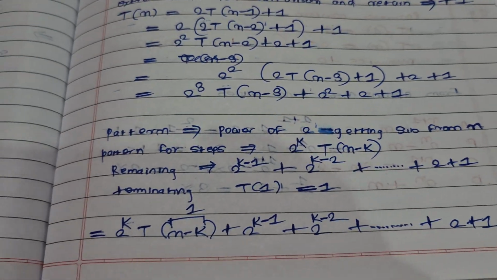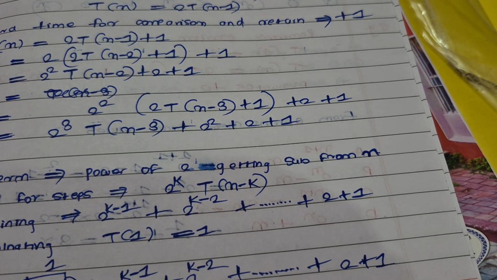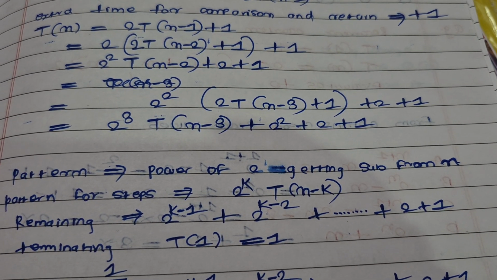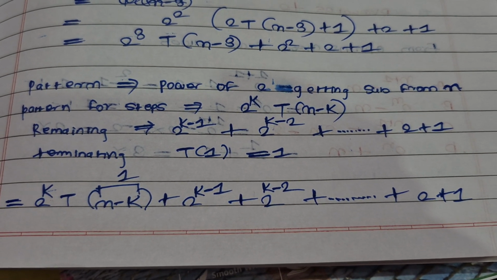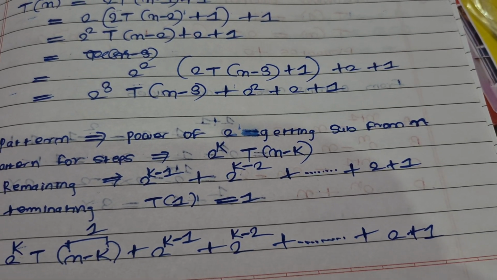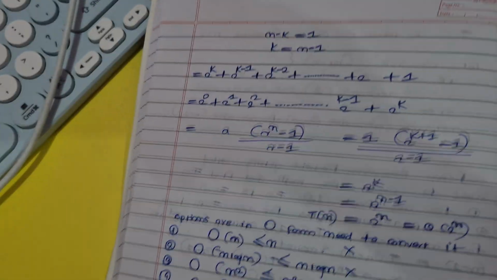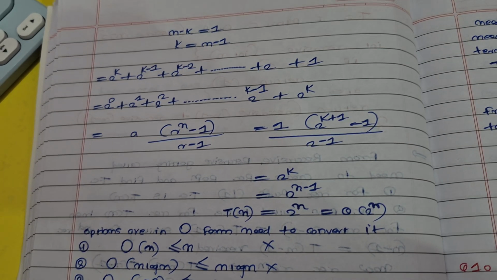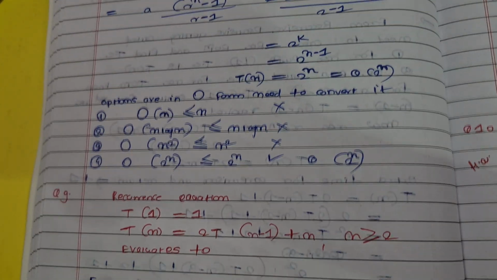After this, a power of 2 gets subtracted from n, which is the pattern for the steps. The terminating condition is T(1) = 1, so it will terminate when the value inside T becomes 1. We find that in terms of k, then substitute in the series and we'll get the final value of T(n).